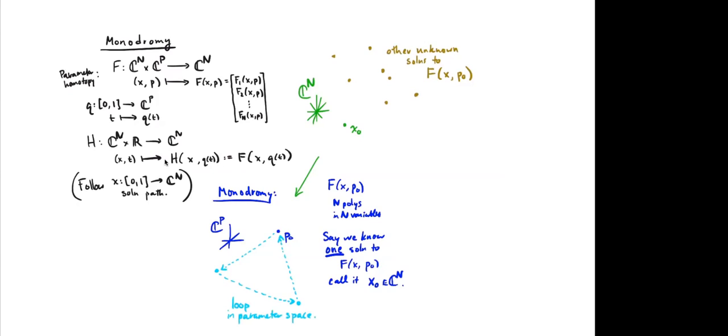Okay? Now, the nice thing is that when we return to our original parameter p naught, if we followed our solution x naught along this loop, it's going to be moving. So maybe this point corresponds to this parameter value. Our original solution moved as we moved from p naught to some other parameter, let's say p1. And maybe here, this is a solution to f of x, p1.